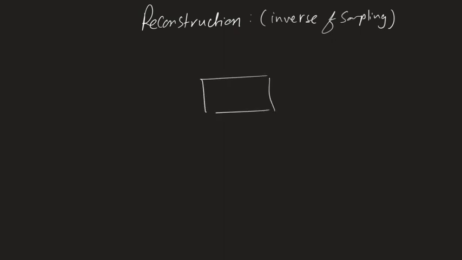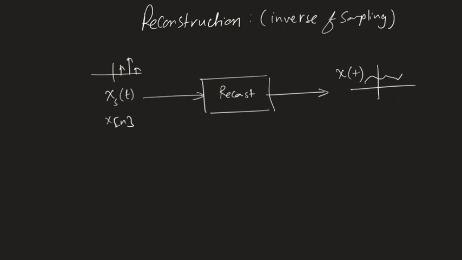It means that you have some sampled signal, x of ts of t, or x of n, whatever you like. It's just some discrete signal, getting into your system, and then you perform the reconstruction operation, and what you get from the other side is your original continuous time signal x of t.